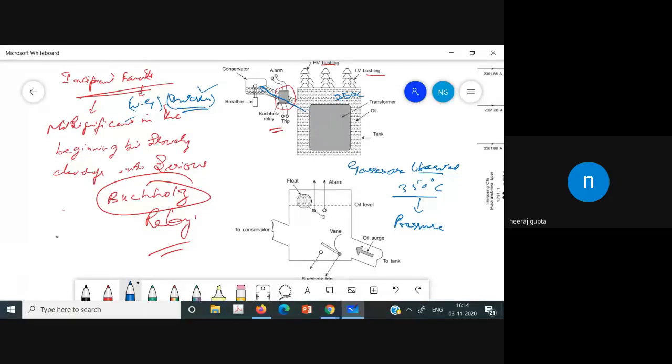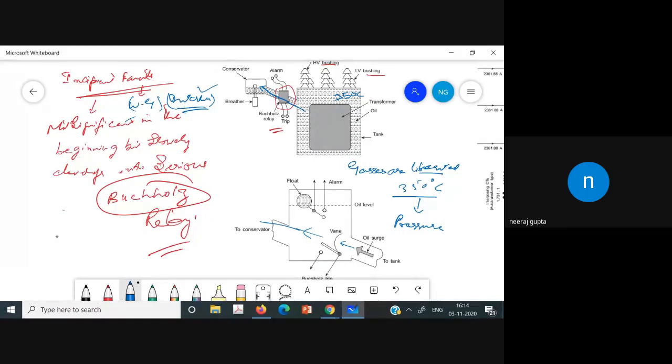Now, you can see a vane is placed in the path of the oil, between the transformer and the conservator. This is the conservator, and this is the transformer.